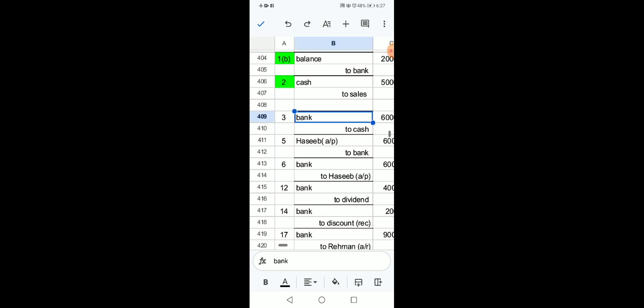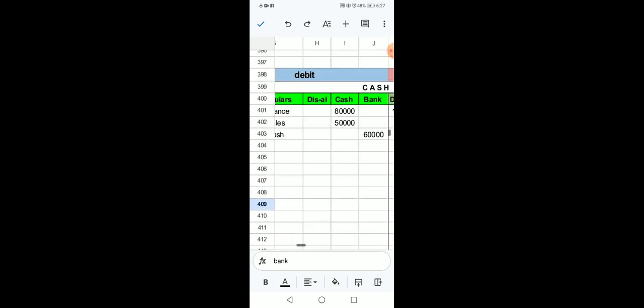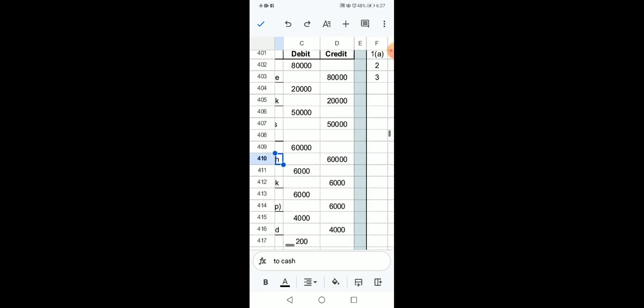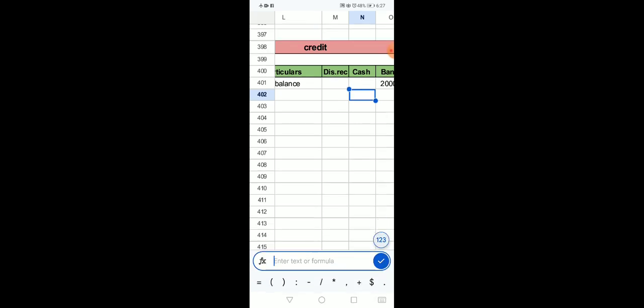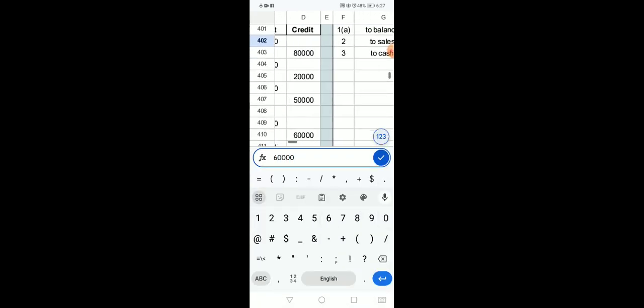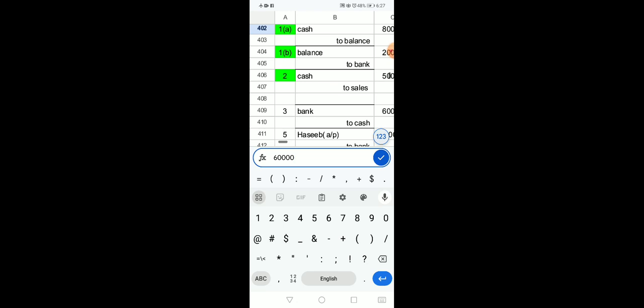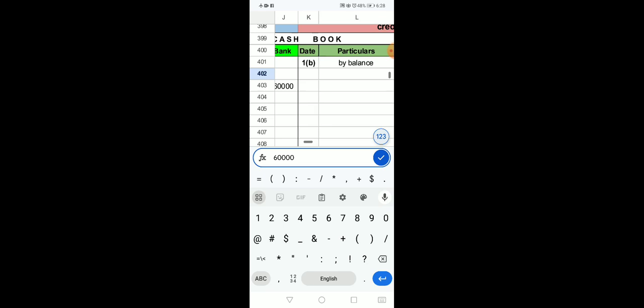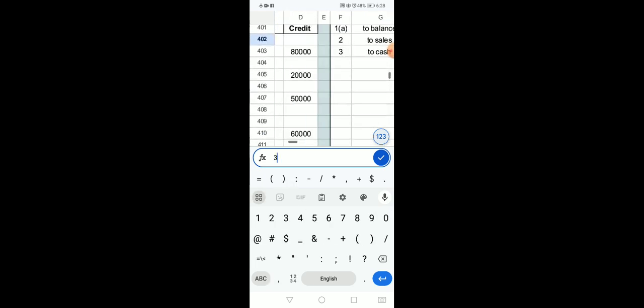We were supposed to write 60,000 on debit side of the bank, and you have posted. Second part is cash, which is credited 60,000. So you will go to the credit side of the cash column and will write 60,000 over here. Now see what's the date, that is 3. So you will post 3 over here, and you were also needed to see the reference of 60,000.